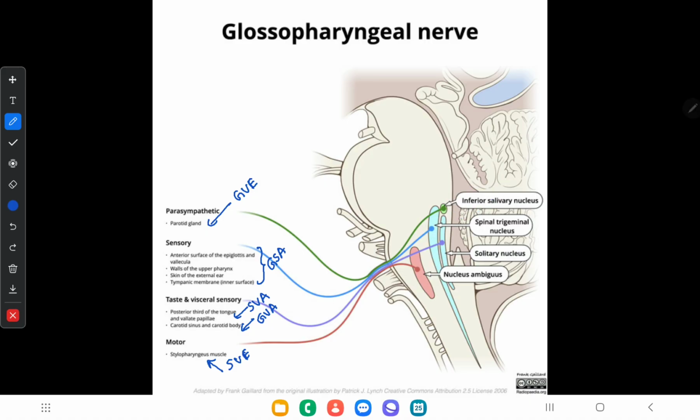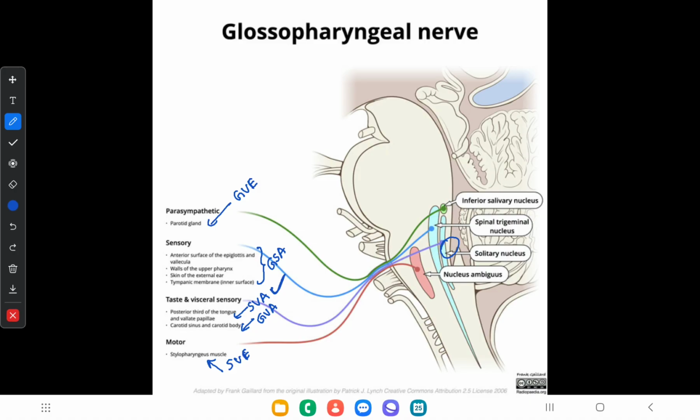Then you have special visceral afferent fibers, these fibers which terminate on the nucleus of tractus solitarius. Here, the peripheral processes bring taste sensations from posterior one-third of the tongue, including circumvallate papillae, and these are the central processes of the inferior ganglion.